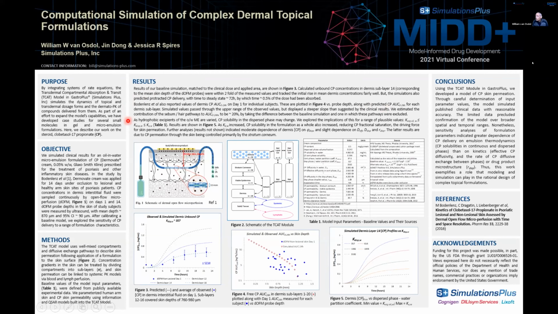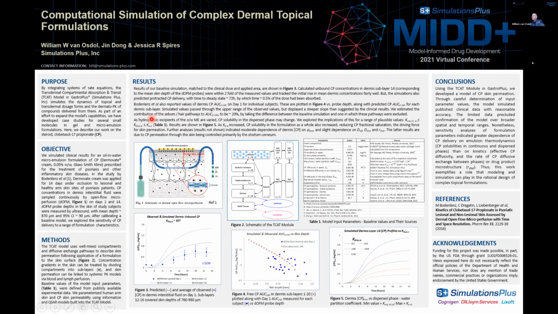Turning to parameter sensitivity analyses, as hydrophobic excipients of the oil-water microemulsion are varied, clobetasol propionate solubility in the dispersed phase may change, that is, may increase or decrease. And we explored the implications of this for a range of plausible values of clobetasol propionate solubility.